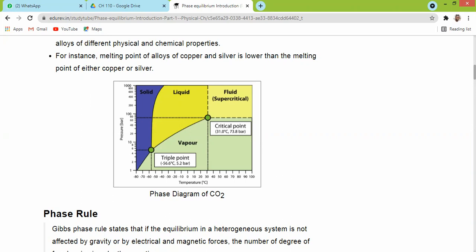So above 80 bar going up there, and the temperature increasing beyond 30 degrees Celsius, you can see this region is what is going to be present. Carbon dioxide exists as a supercritical fluid in that particular region. So all in all, this is your phase diagram. This diagram explains the changes that are happening to your system. Are there questions?